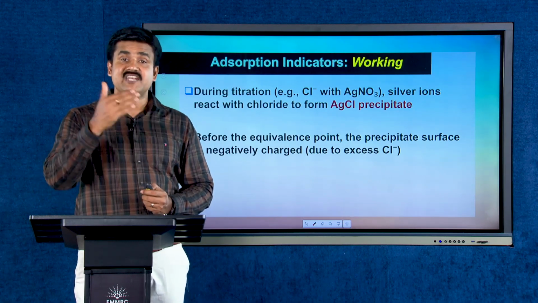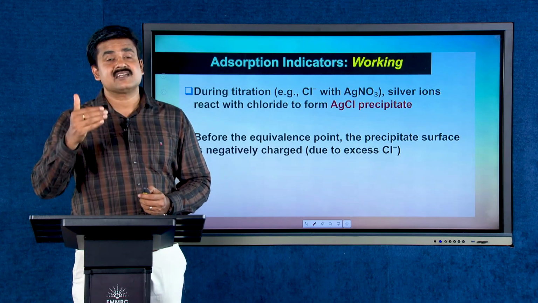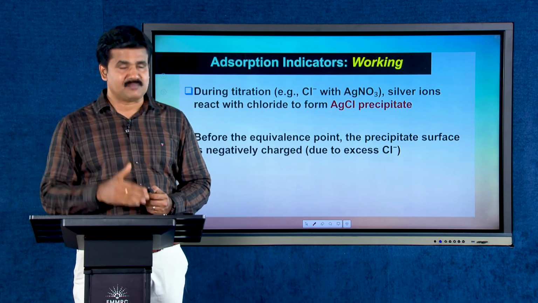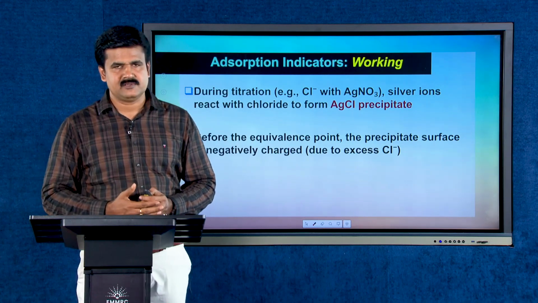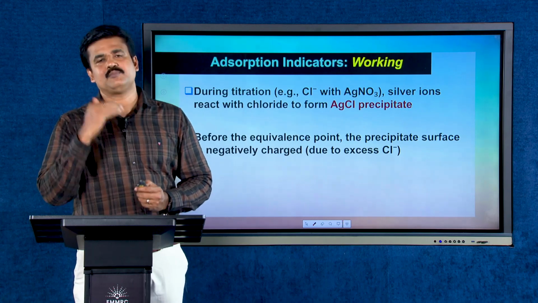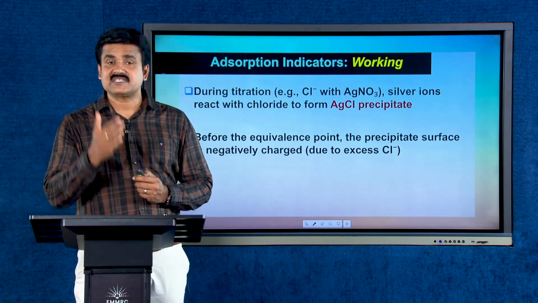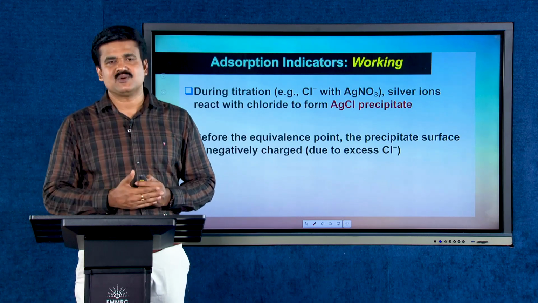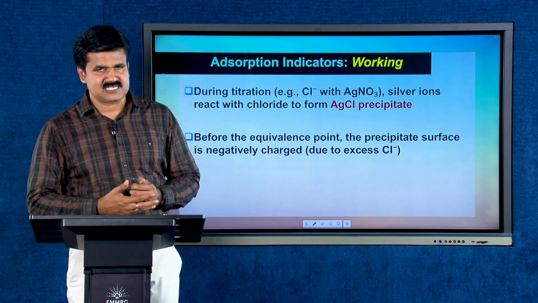What is the difference between end point and equivalent point? The equivalent point is the theoretical point at which the reaction completes, and the end point is the indication of the equivalent point. So, at the equivalent point, there will not be any Cl- ions present in the medium. This is because all Cl- ions are converted to AgCl precipitate.